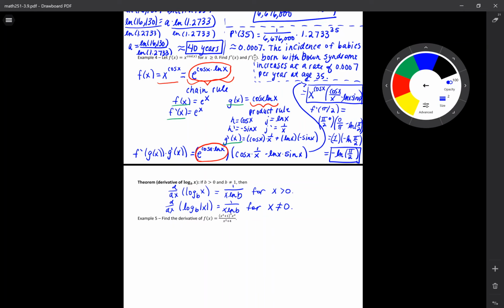If we wanted to find this derivative just using the quotient rule, then we would have to use the chain rule, the product rule, and the quotient rule all at once. So that's not fun. So we would have to use the quotient rule, chain rule, and product rule.